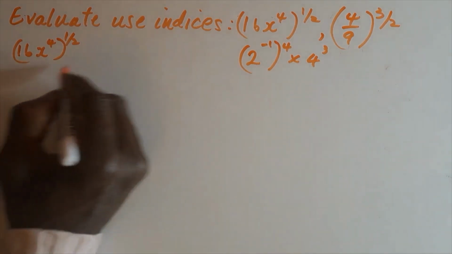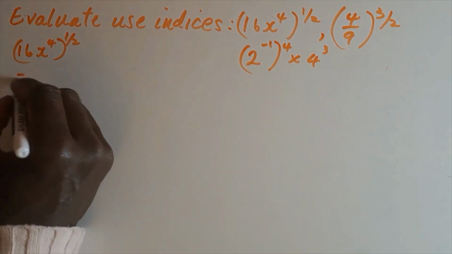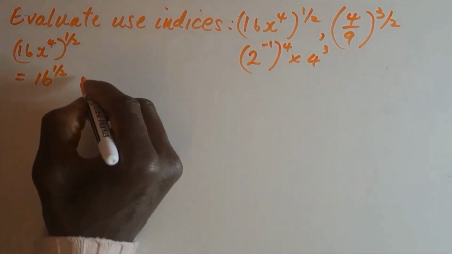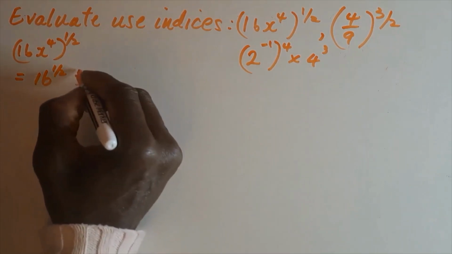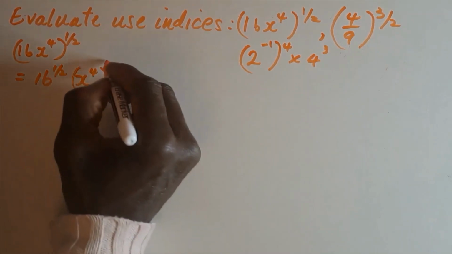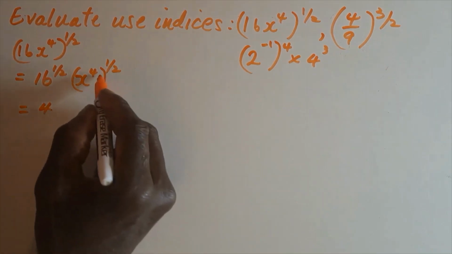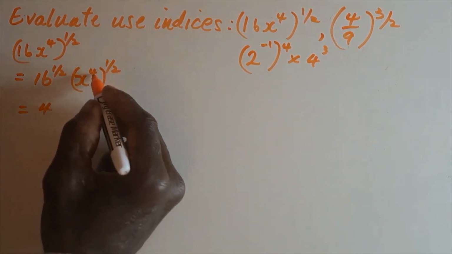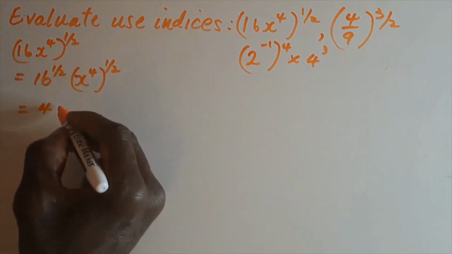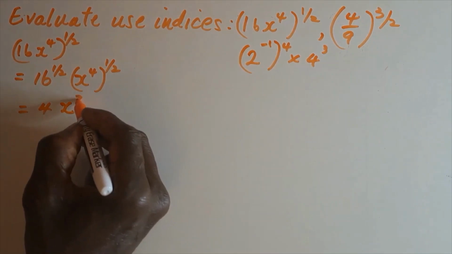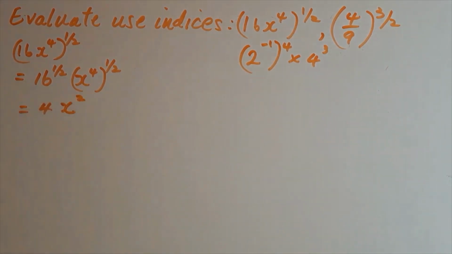This is equal to the square root of 16 and also x to the fourth. Take the square root of 16, it's 4, and if we clear the brackets here by multiplying indices, we'll have x squared. So this evaluates to 4x squared.